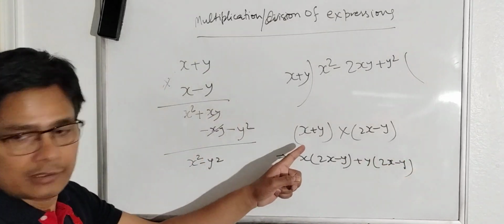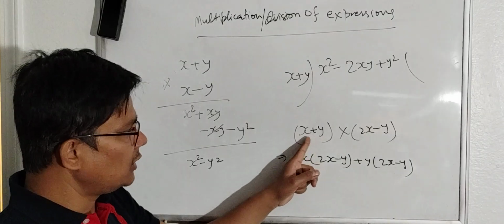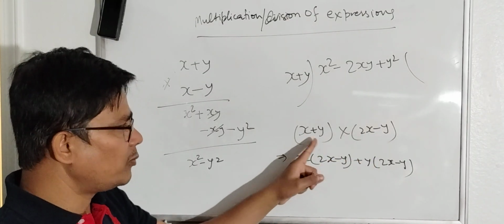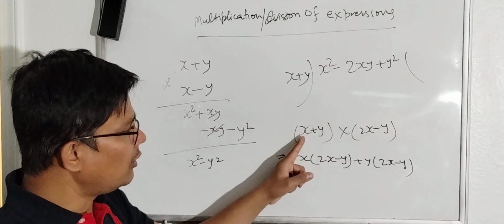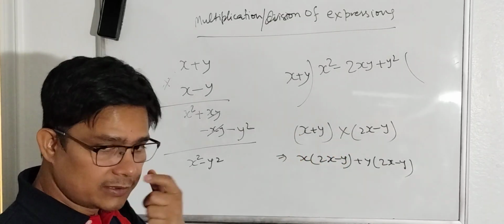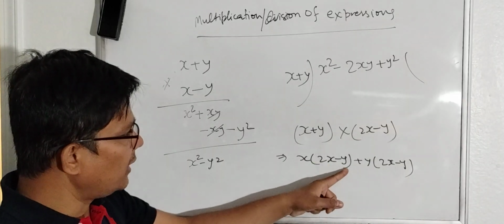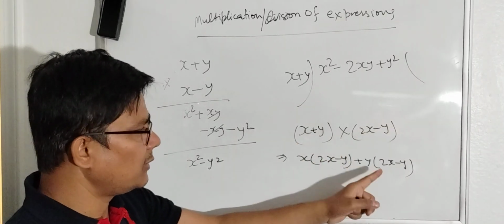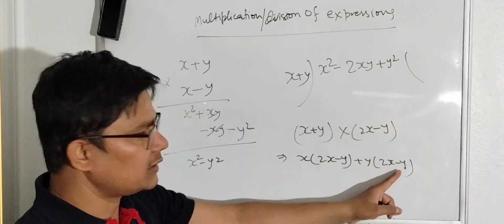See what I am doing here. There are two terms in the first expression and two terms in the second expression. I am opening the bracket. Now x will be multiplied to both terms. Where nothing is written, it means multiplication. Similarly, y will be multiplied to the whole term, both terms of 2x minus y.